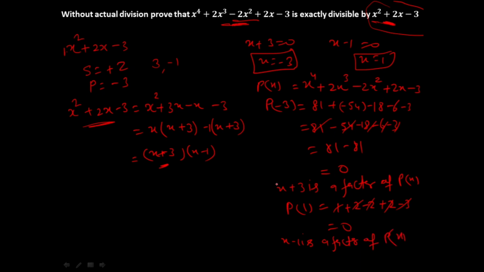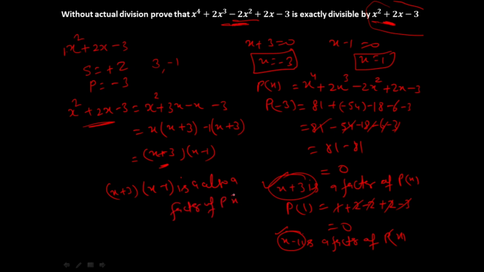Now because x plus 3 and x minus 1 both are factors of p of x, it means their product. What is their product? x plus 3 times x minus 1 is also a factor of p of x. And what is this product?